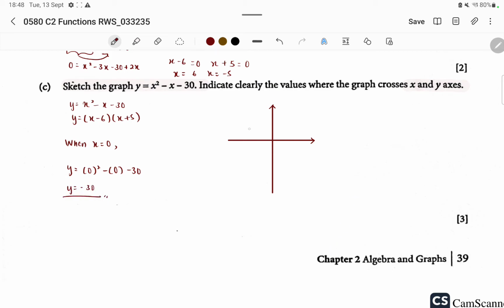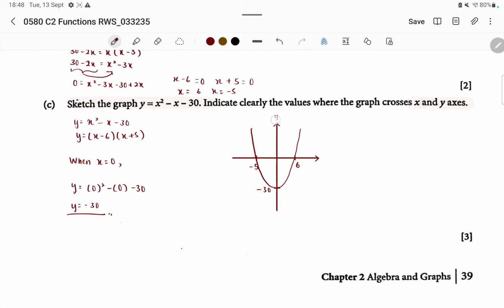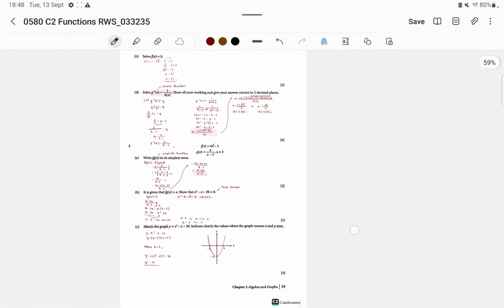So when you draw, here should be negative 5, here should be 6, here negative 30. And then remember to write down the y and x axis lor. Then this is how you get your 3 marks lor. Okay, let's move on to next question.